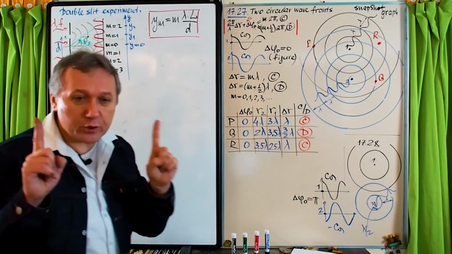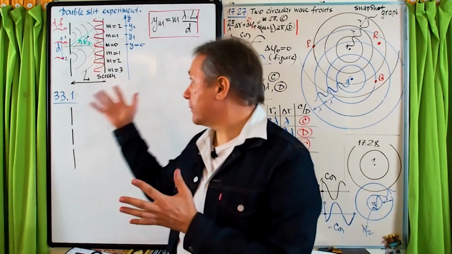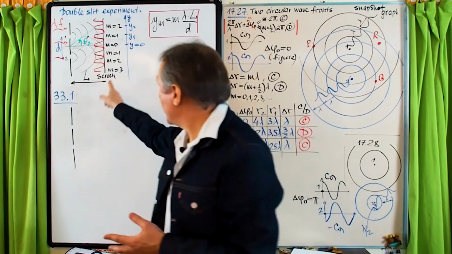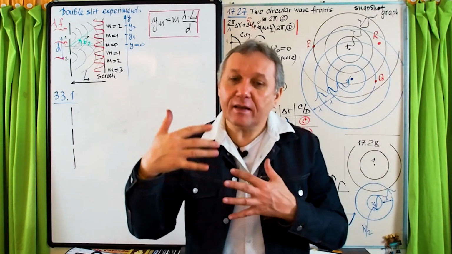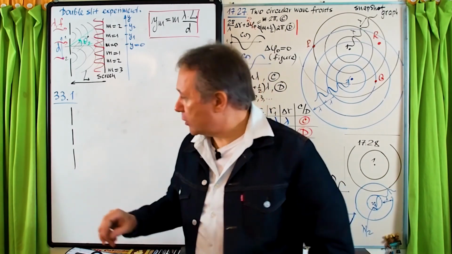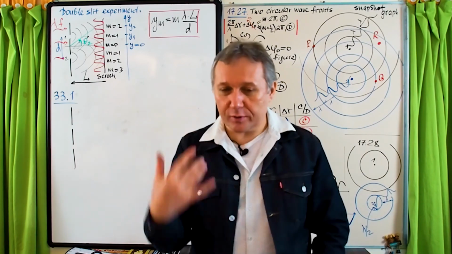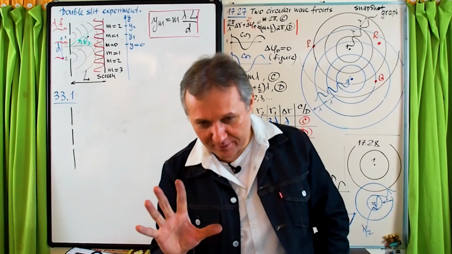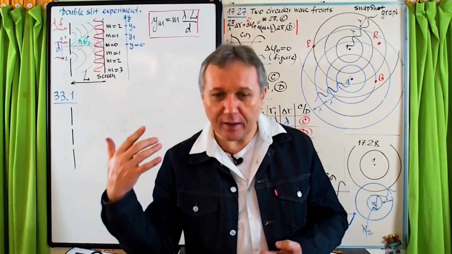So now we have two sets of different fringes. One corresponds to orange: orange bright, dark, bright, dark, bright, dark. And then the unknown one. Also, somebody noticed that the third bright spot of the orange light overlaps with the fourth bright spot of the unknown light.